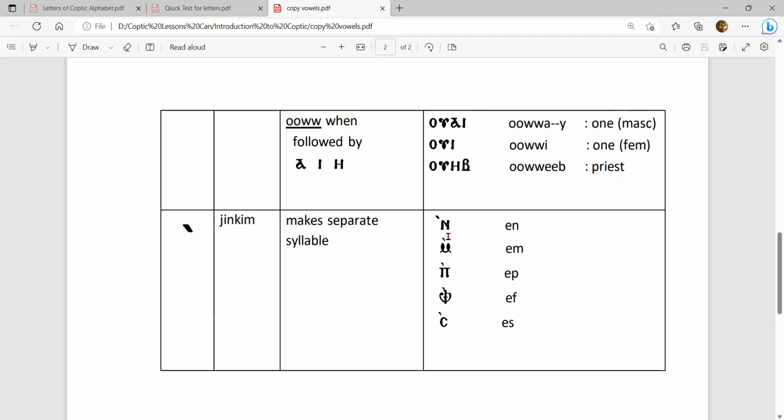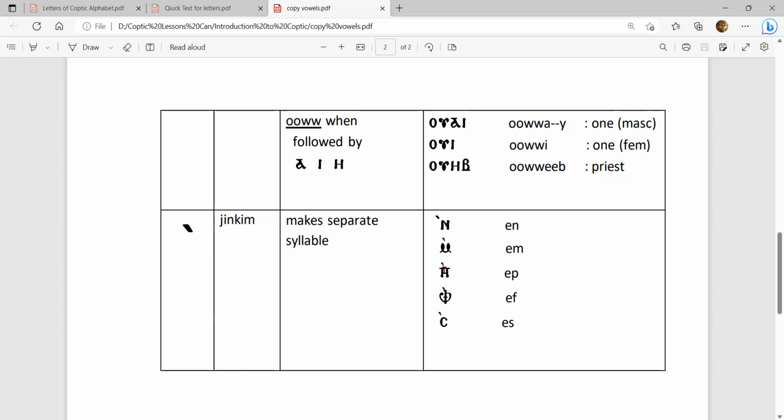So we read it independently in the word as N. This is in English, E-N, N. If it comes over an M, it will also be independently read as M in the word. It is stuck to the word, but we read it as an independent syllable.